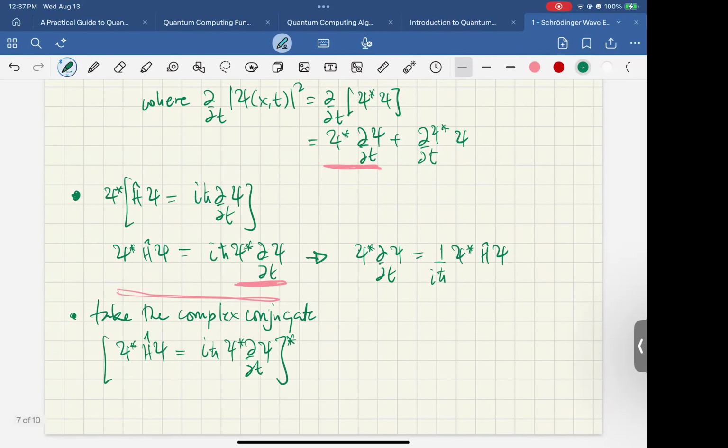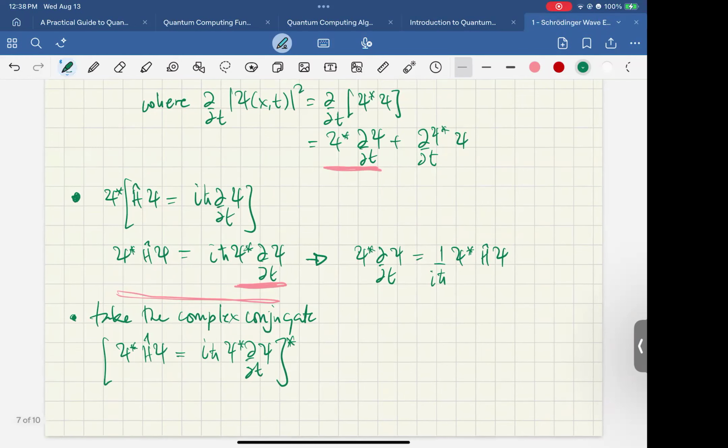So, what happens there? When we take the complex conjugate, I don't know if you remember from your 122, AB star is equal to B star A star. And if there are three, the order of the three is reversed.